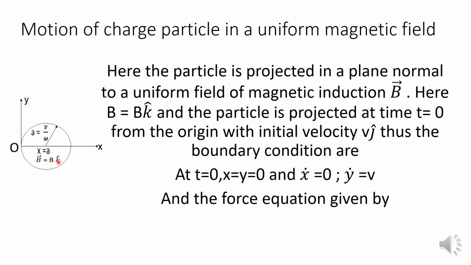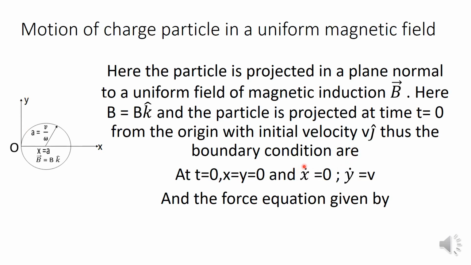Here k hat is the unit vector along the Z axis and capital B is the magnitude of the magnetic field vector. The particle is projected at time t equal to 0 from the origin O with initial velocity V j. That means the initial velocity V is along the y direction.